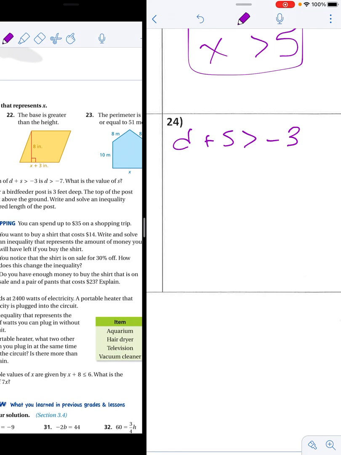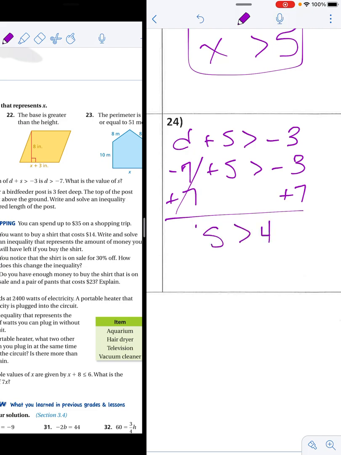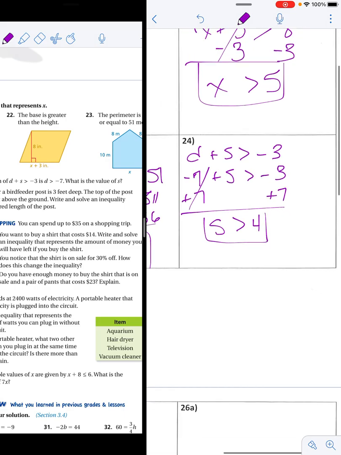We have to solve. D is greater than -7. So we'll put in -7 for d. Add s. Solve for s. Add 7 to both sides. So inverse operation. So s has got to be greater than 4.